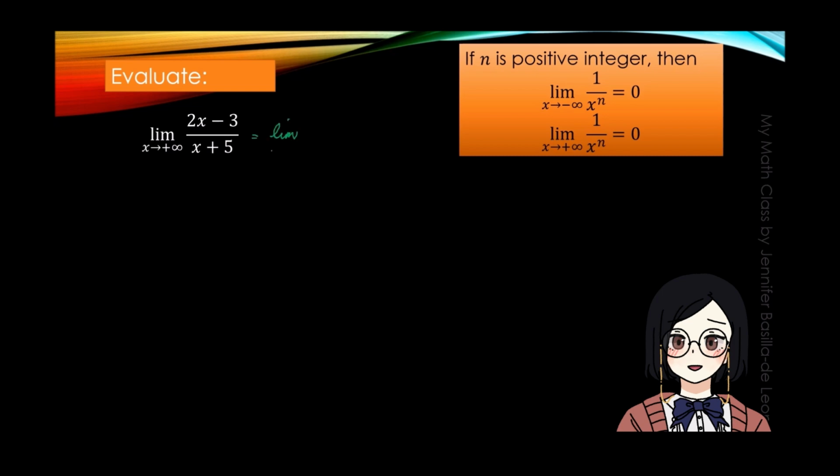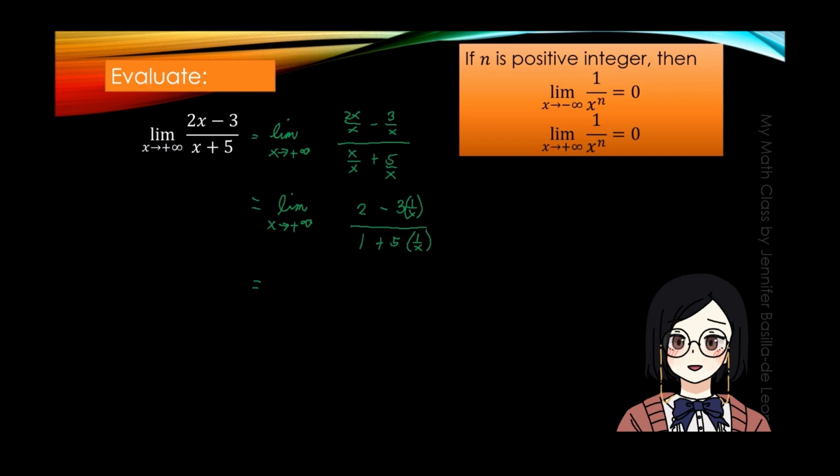To evaluate this, we divide each term in the given function by x. So in the numerator, we will have 2 minus 3 times 1 over x. In the denominator, we will have 1 plus 5 times 1 over x.